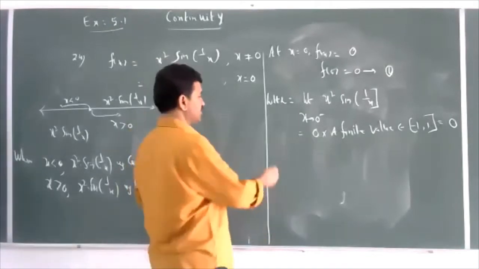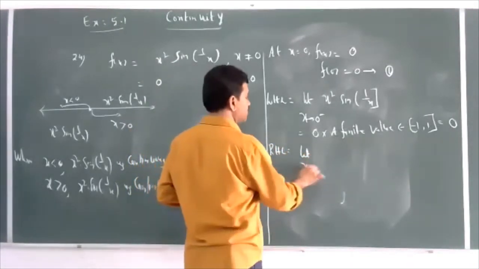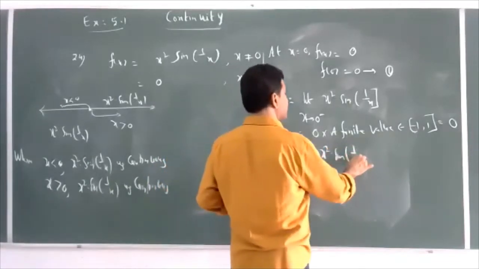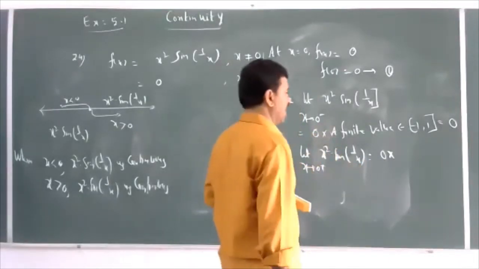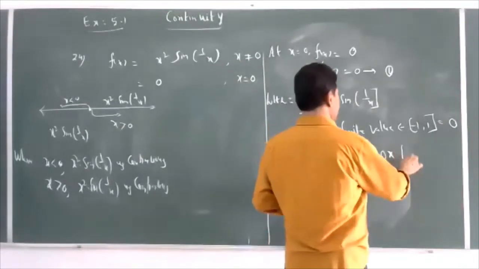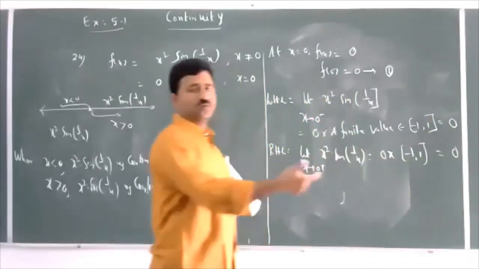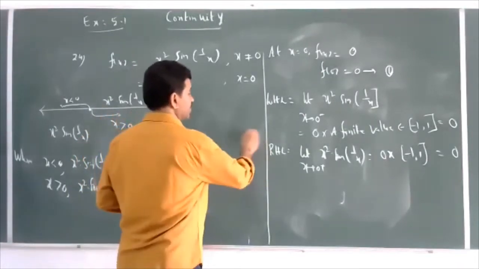Find the right limit, same procedure. Limit x tends to 0 plus of x square into sine of 1 by x. Using the same logic, 0 into a finite value which belongs to -1 to 1 is also 0. This is the important logic to crack this question.